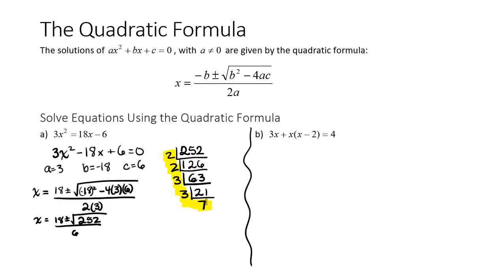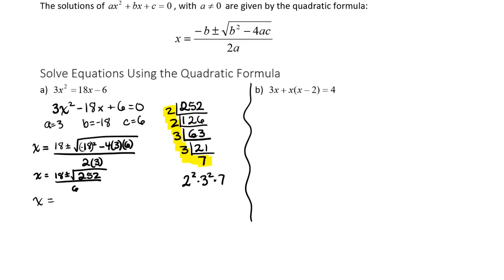This is a great activity to practice your division skills to find the primes. So I know that 2 squared times 3 squared times 7 will give me 252. So to rewrite this, I have x is equal to 18 plus or minus the square root of 2 squared times 3 squared times 7, all divided by 6.